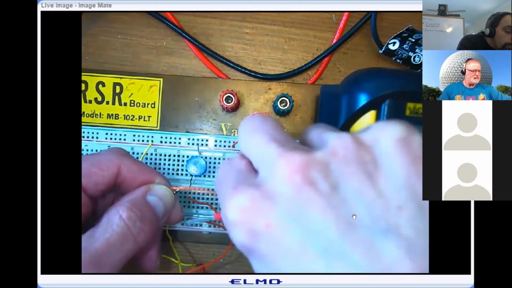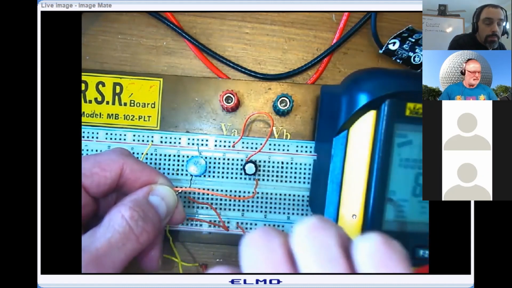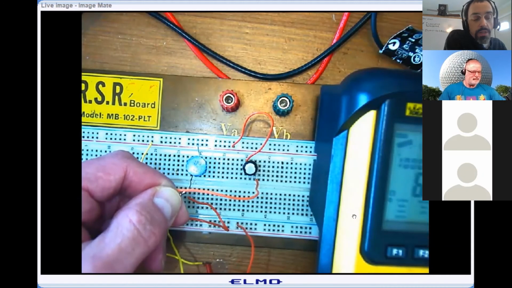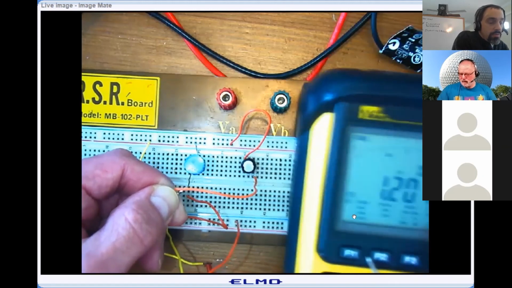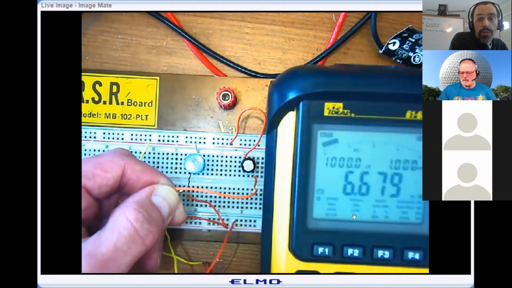And I don't. Okay. 6.68 milliamps. 6.63, 6.68. Okay. For which one? For the 100. That's the 100. 6.67, 6.68 for the 100 millihenry. Good? Yeah. Okay.